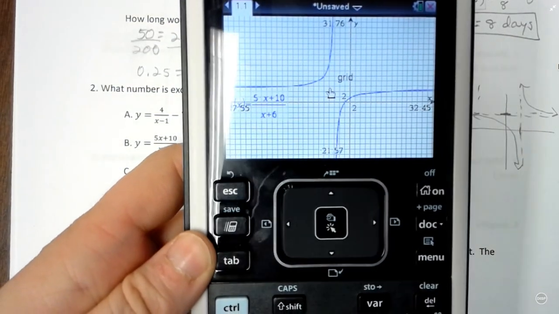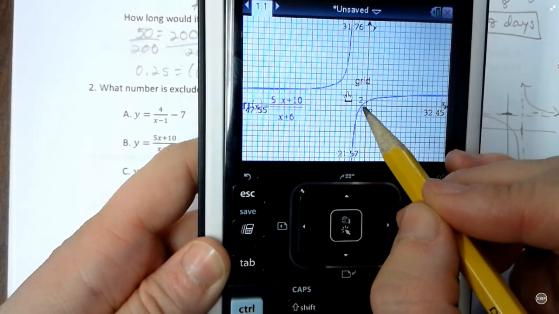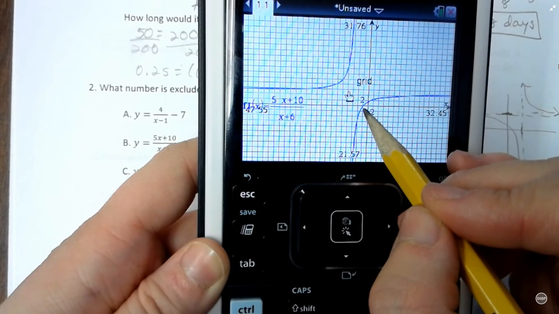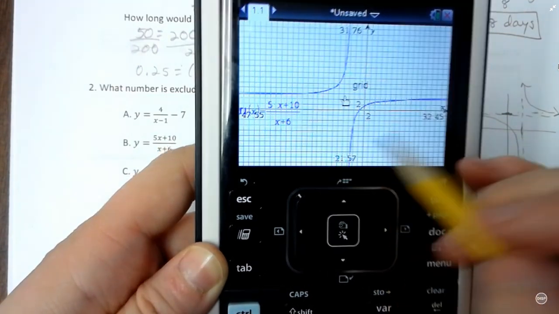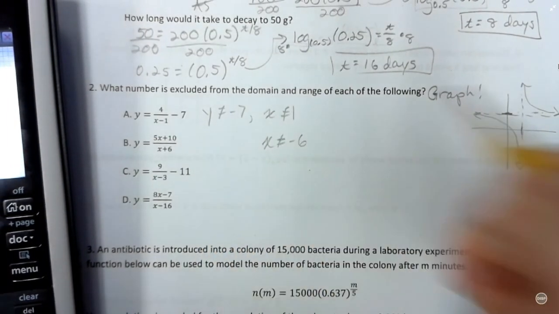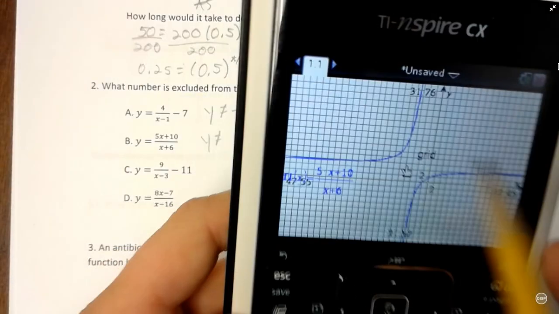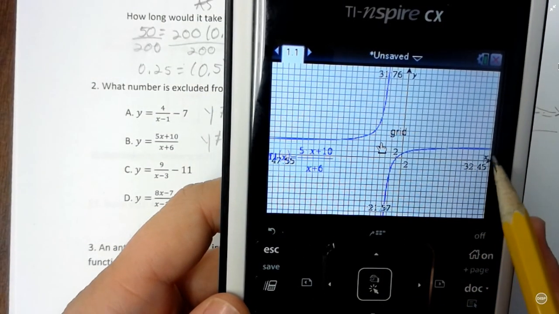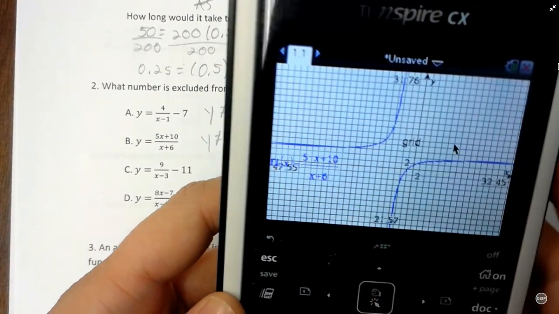So here's B. Now I've had to zoom out on B. So I've got 2, and notice these are numbered by 2's now. 2, 4, 6. So -6 is excluded from the domain. So x is not equal to -6. And then from my range, so it looks like, oh, well, let's try tracing.